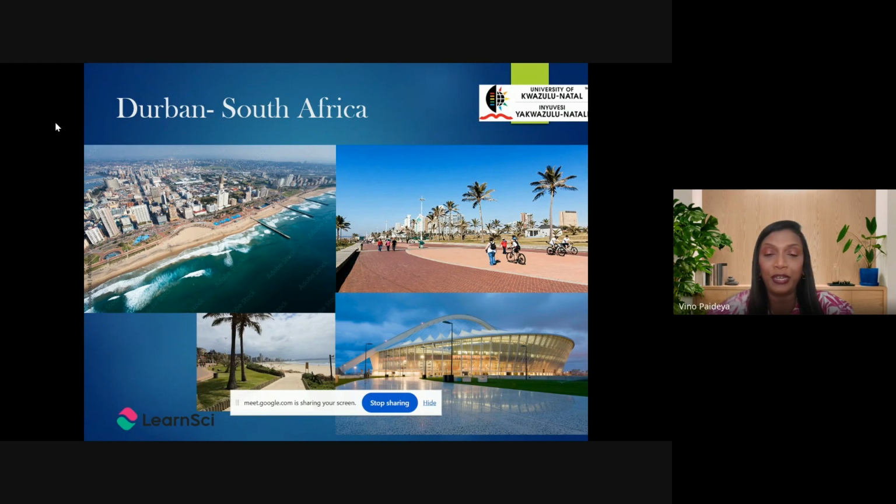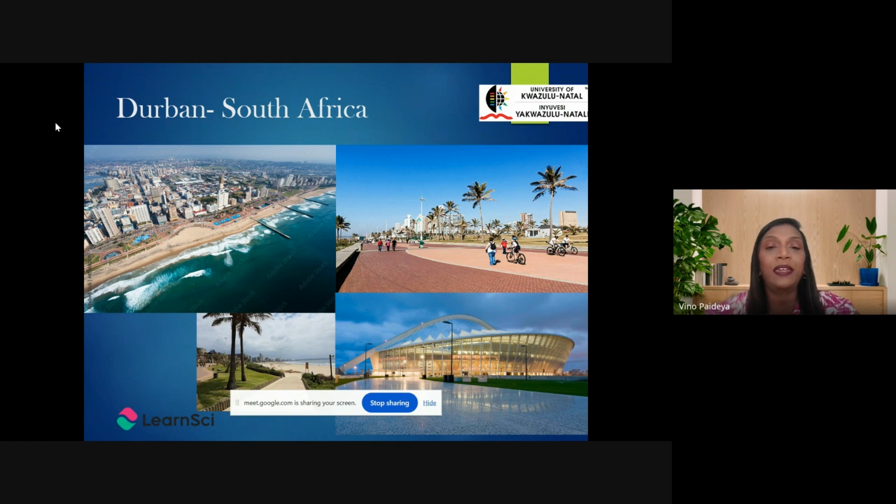We have beautiful beaches, and obviously our World Cup Stadium, which was built in 2010, which is very beautiful and is used now throughout the years for concerts and all sorts of sporting activities.